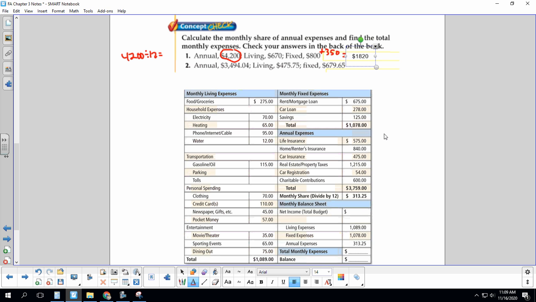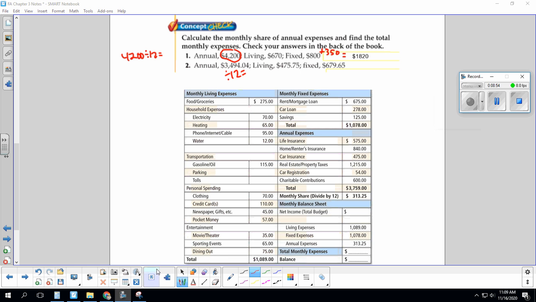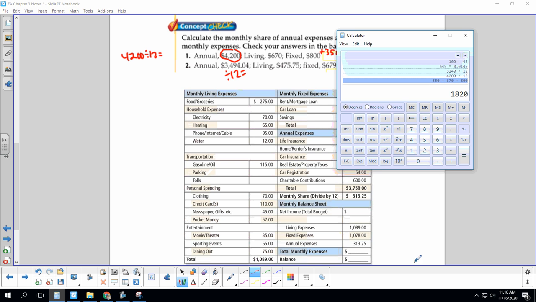As we go through these calculations, the takeaway should be you need to be earning enough money to pay for those bills. Okay, so we're going to do the same thing for number 2. We're going to take our annual expenses and divide by 12. Okay, so we just put that in our calculator. So 3494.04 divided by 12. We get 291.17.